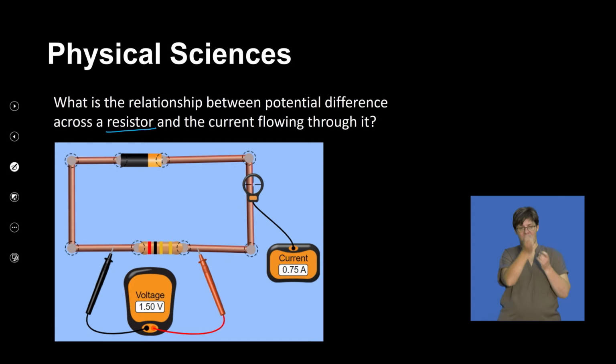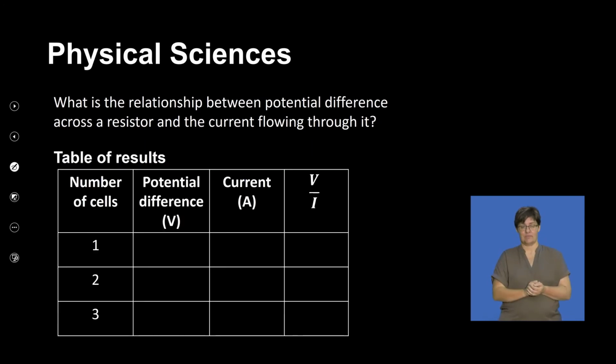You'd realize that there's a battery there and one resistor connected in series, and that current is the total current. So we will go to a simulation now and try to get some values for the relationship between potential difference and current through a resistor.